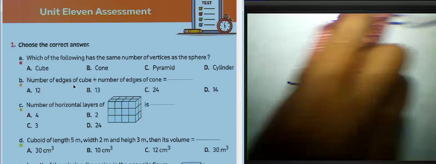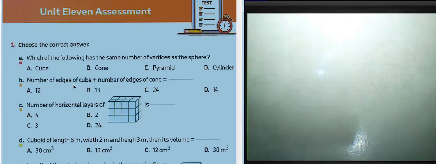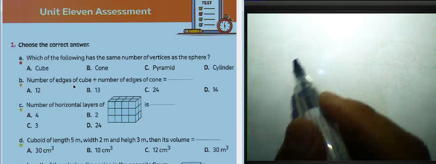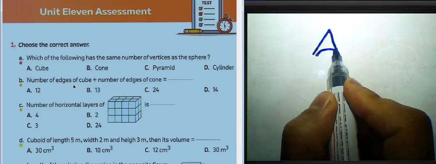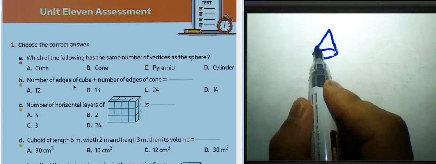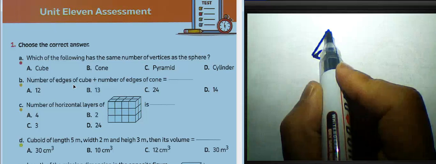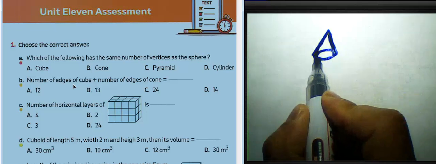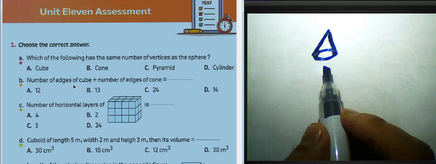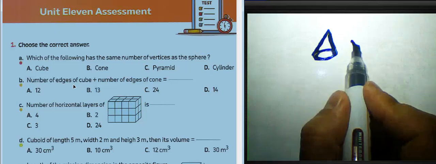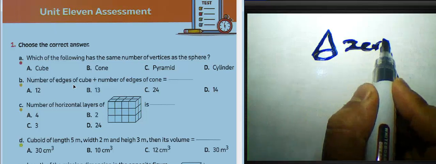We know the cone hasn't any edges. The number of edges of the cone will be 0.